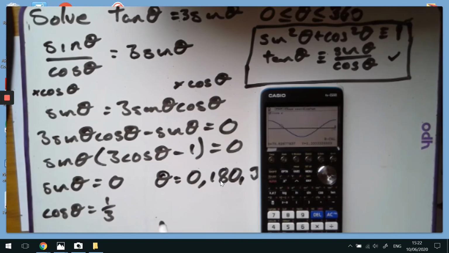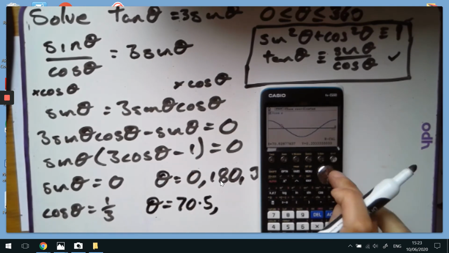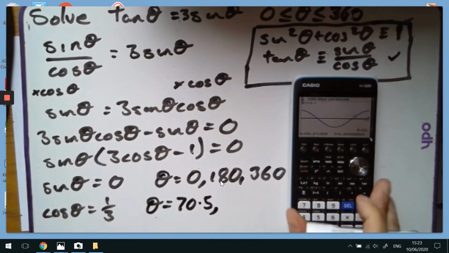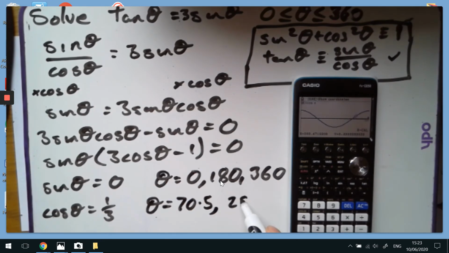And I've got theta is equal to 70.5, and I've got a cross at 289.5. So those are my other two solutions. So I've got 5 solutions there: 0, 180, 360, 70.5, and 289.5 to one decimal place.